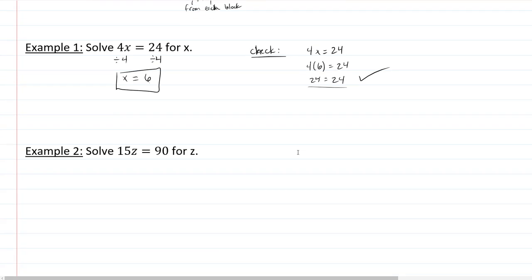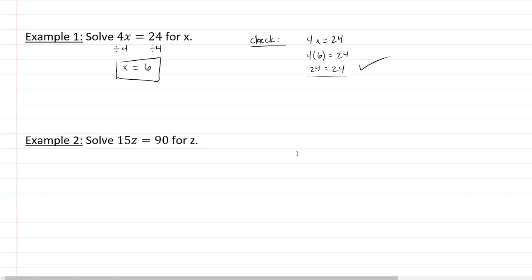So let's solve another equation. Solve 15z equals 90 for z. In the same fashion, we're going to try and get z by itself and divide both sides by 15. Now the 15 and the 15 up here cancel.